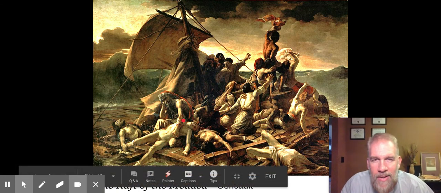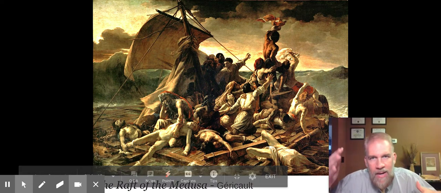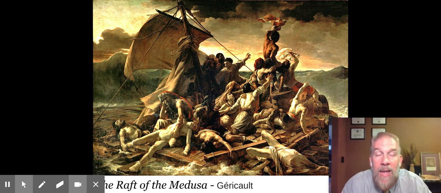So what we're doing now is we're talking about movement and contrast and balance and variety and harmony and the elements of art. That's what happens in the third paragraph to analyze the work.